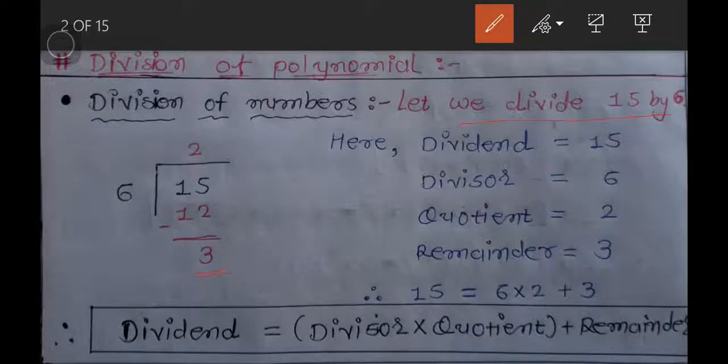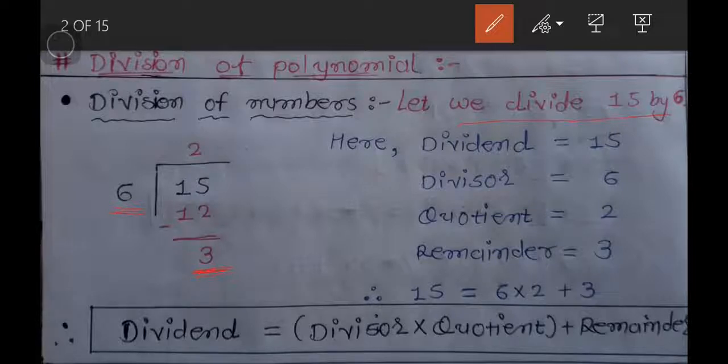Remaining number is 3. Here we know that we do division of a number until we get a remainder smaller than our divisor. We continue this process till we get a smaller remainder than our divisor.